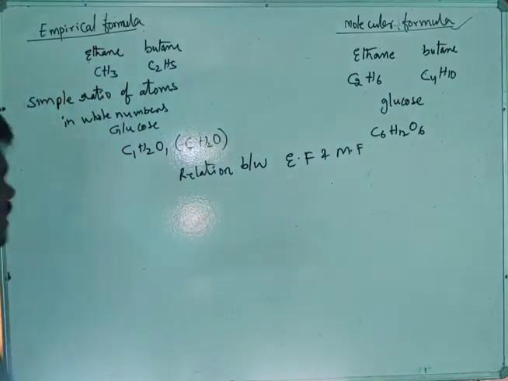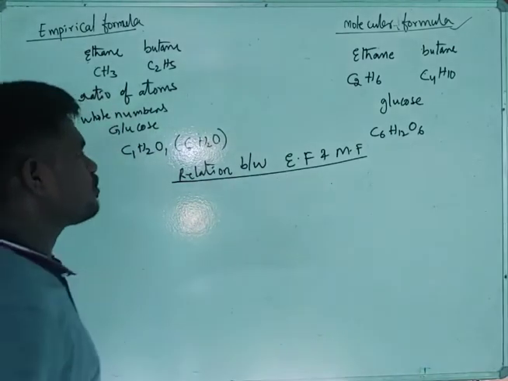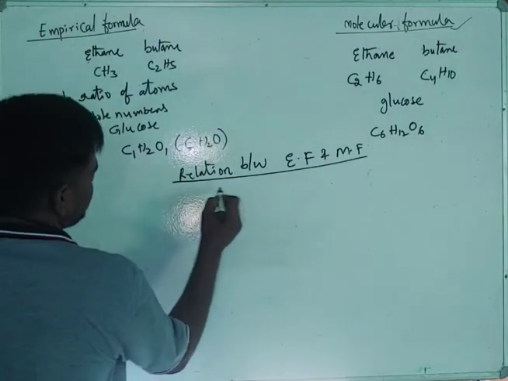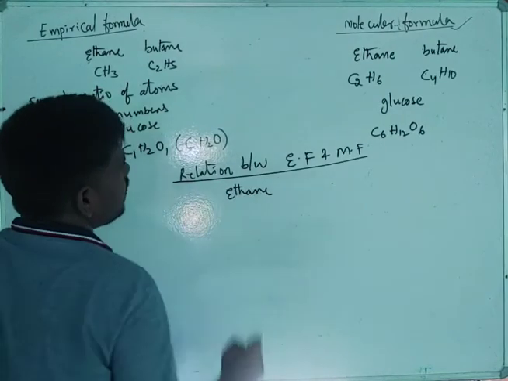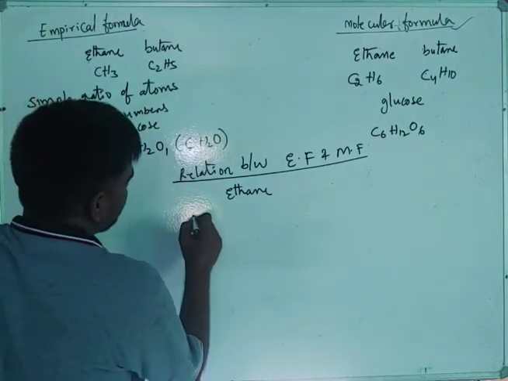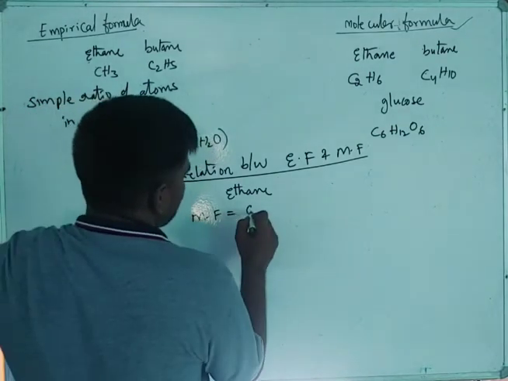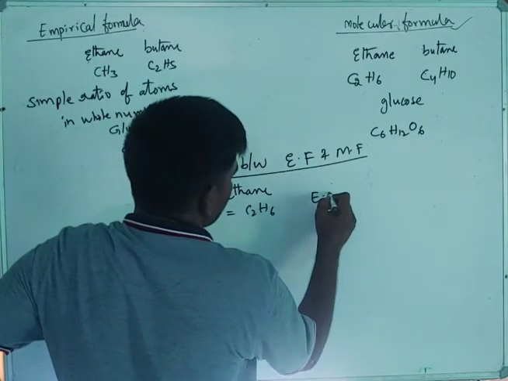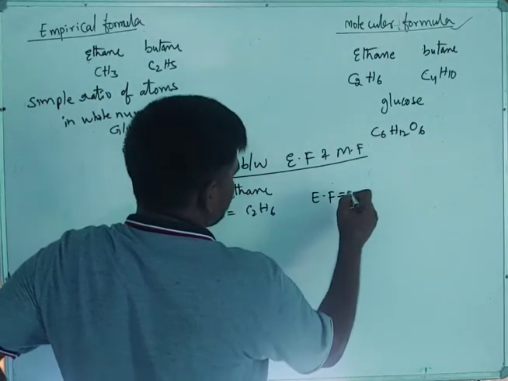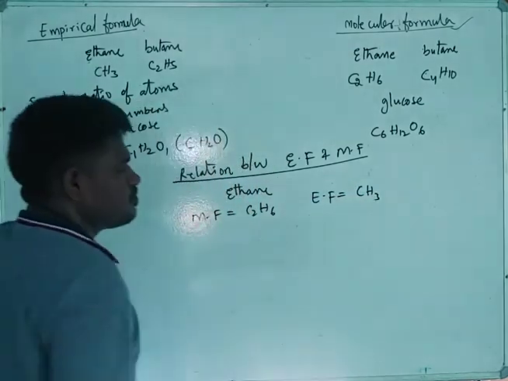This relation we can derive by using these examples only guys. Now you take ethane. You write the ethane molecular formula. Molecular formula of ethane what? C2H6. And next you write empirical formula. Empirical formula of ethane, what is that? Which is equal to CH3.